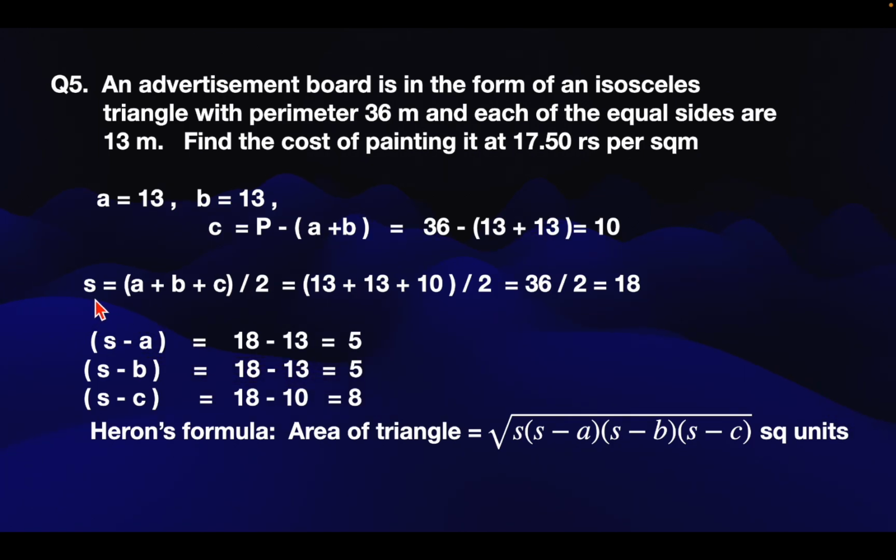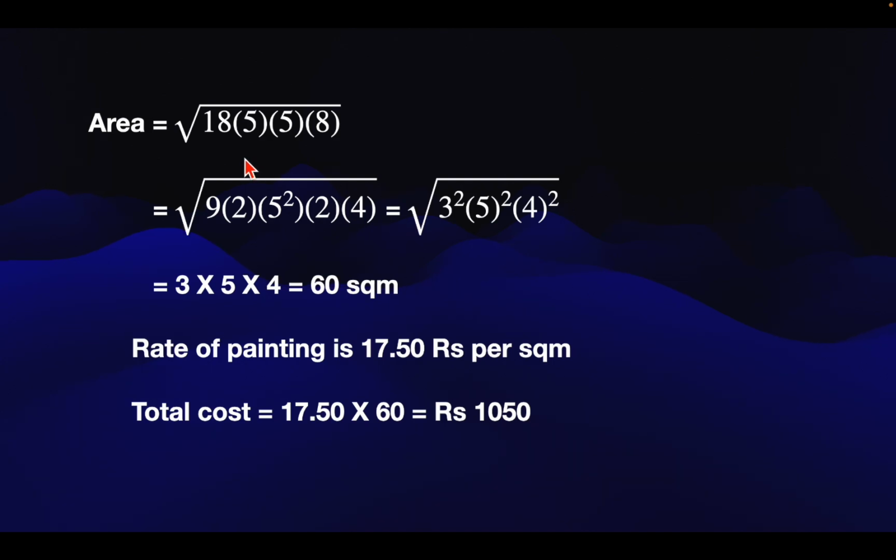Now let us find S. A plus B plus C upon 2. You get 18. Find out the values of S minus A, S minus B, S minus C, 5, 5, 8 and substitute here. So here it is 18 is S, S minus A, S minus B and S minus C. Write it down. Okay, 18 is 9 into 2.